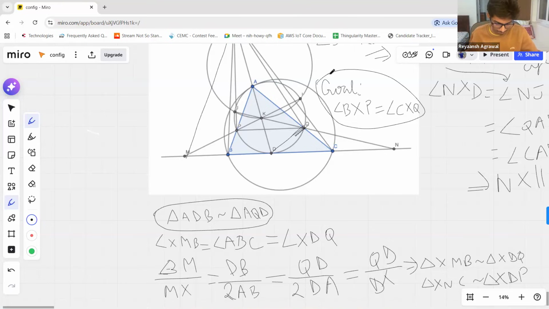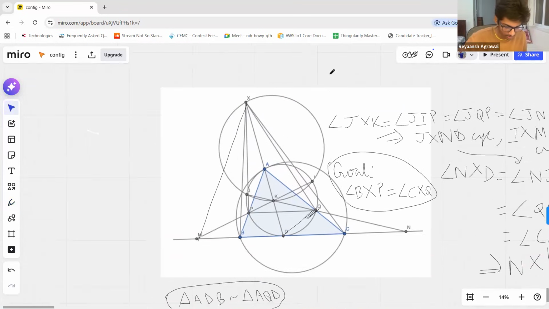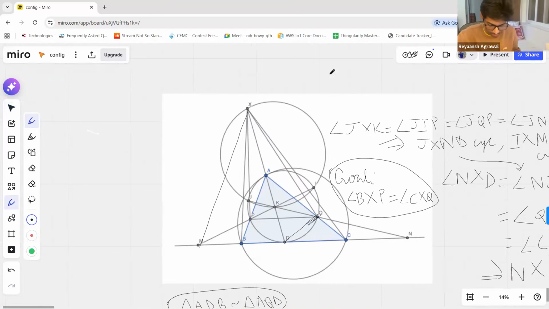Can you prove this? Let's assume that triangle AXC is similar to triangle CDP and see what happens. Then angle CDP would be equal to angle CAX, right? What happens there?